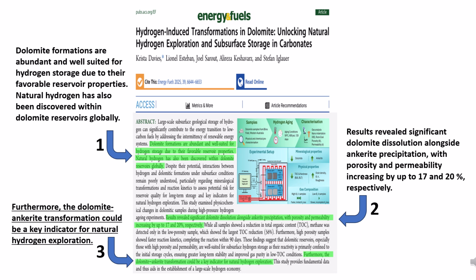Natural hydrogen has also been discovered within dolomite reservoirs globally. Results revealed significant dolomite dissolution alongside ankerite precipitation, with porosity and permeability increasing by up to 17 and 20%, respectively. Furthermore, the dolomite-ankerite transformation could be a key indicator for natural hydrogen exploration.